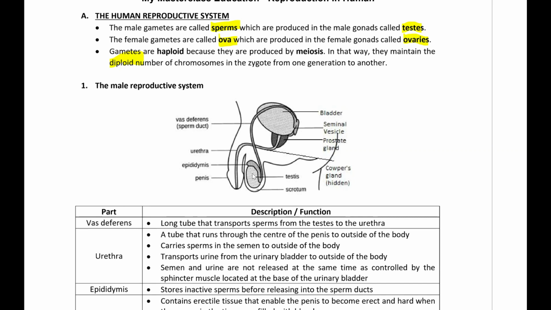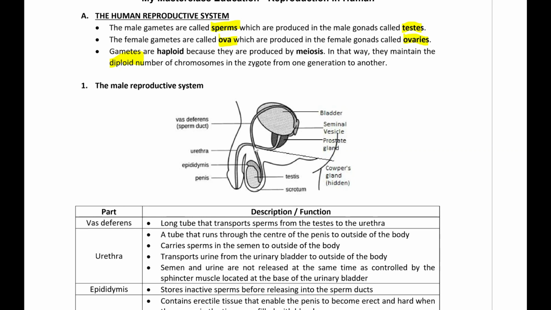Immature sperm will then move towards the epididymis, which is a very long coiled tube. If uncoiled, it is long, but it sits like a little coil on top of the testes, where the sperm matures. Once the sperm is mature, it will pass through the vas deferens, also known as the sperm duct.